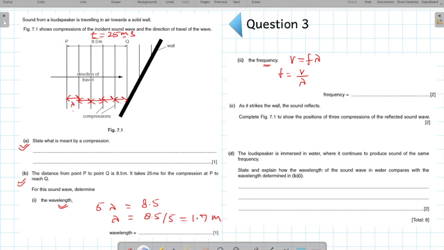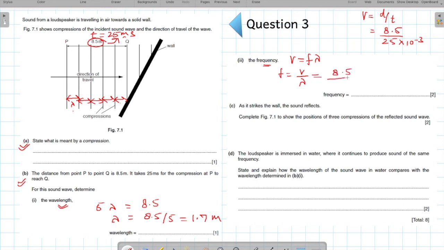Speed is distance over time. How much distance is traveled? 8.5 distance is traveled in how much time? 25 milliseconds. So it is 8.5 over 25 times 10 to the power minus 3. That's your speed. Let us input the value in the formula.